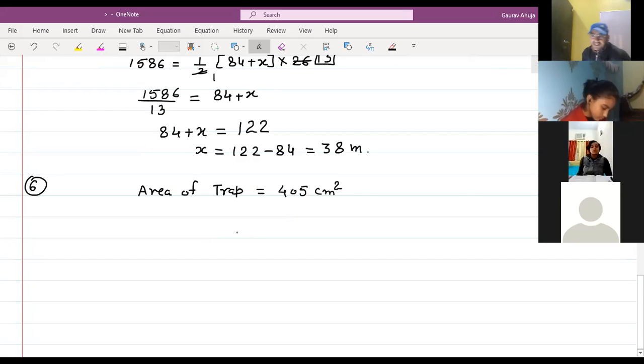If the parallel sides are in ratio 4:5, let the parallel sides be 4x and 5x respectively. Read this as let the sides.